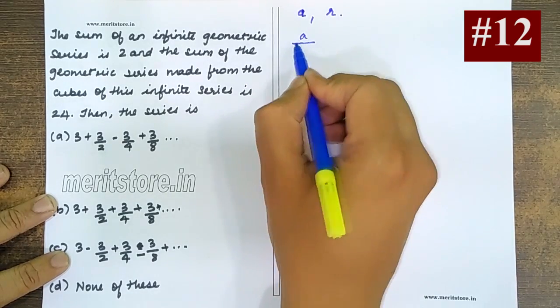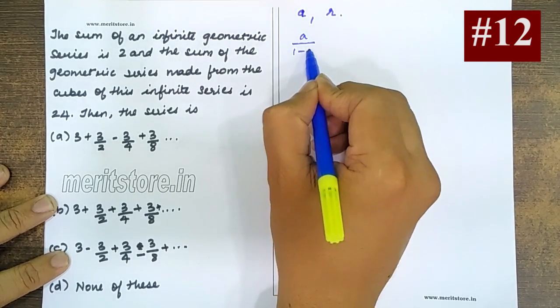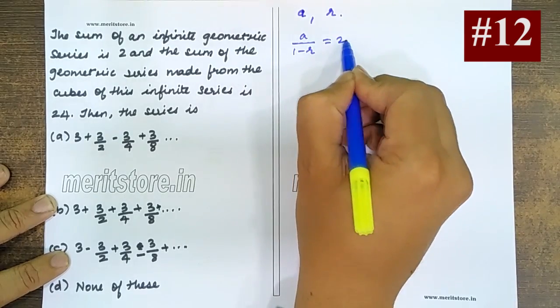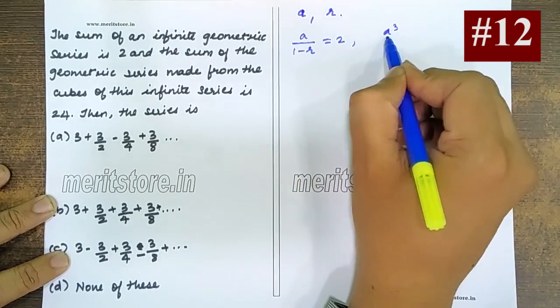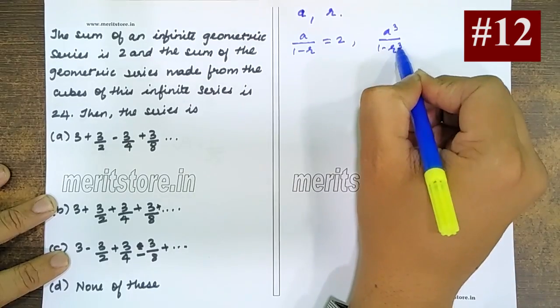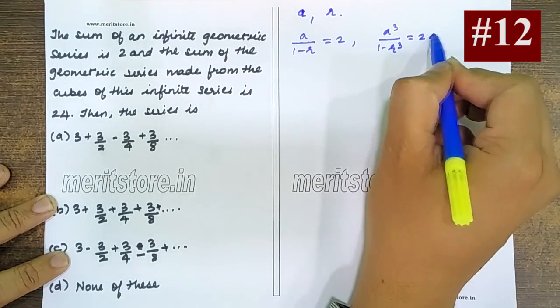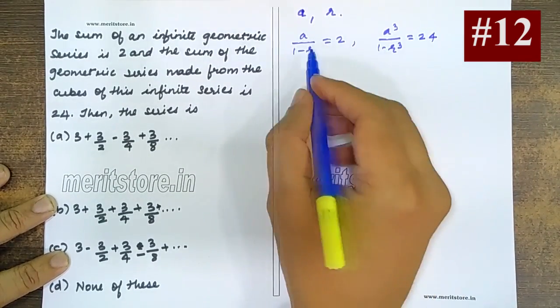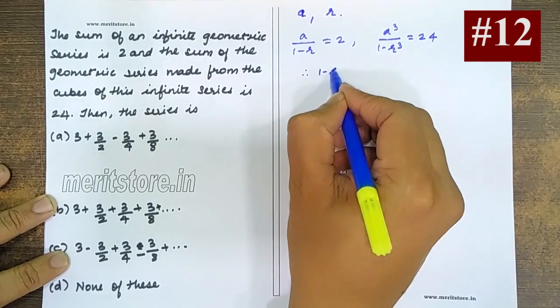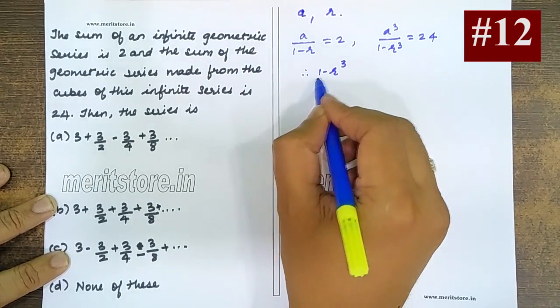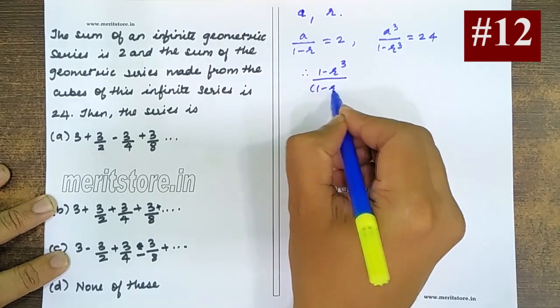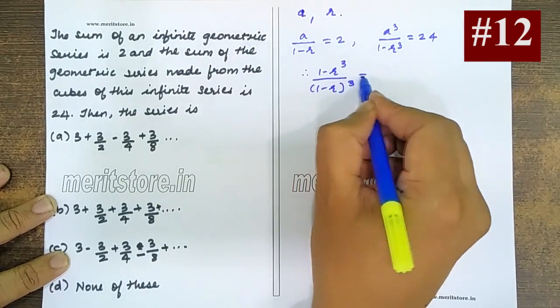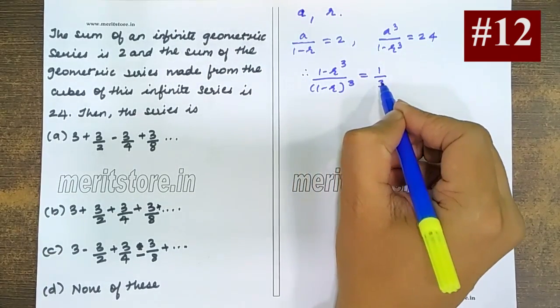Then we know the formula, sum of infinite terms A upon 1 minus R, that is given 2, and A cube upon 1 minus R cube is equal to 24. Now by solving these two equations, we will get 1 minus R cube upon 1 minus R the whole cube is equal to 1 by 3.